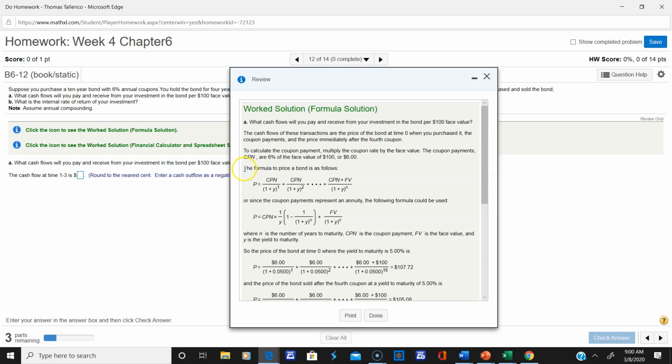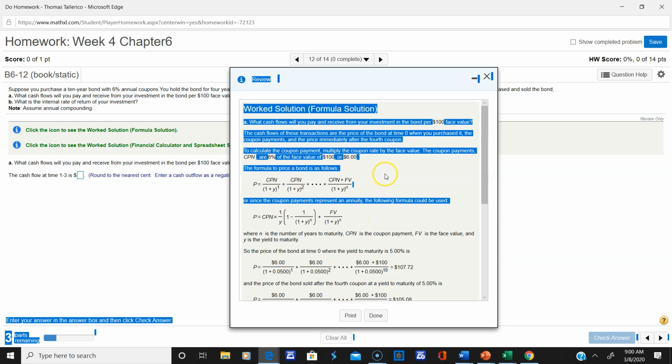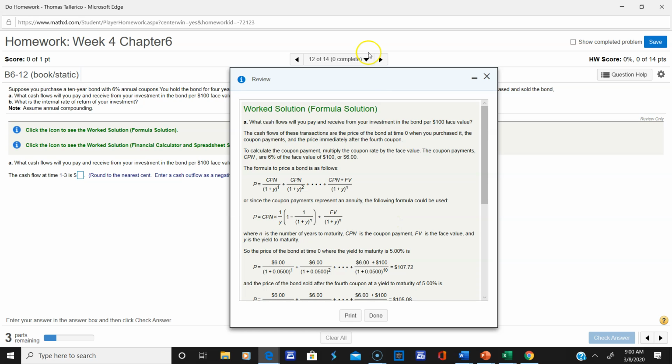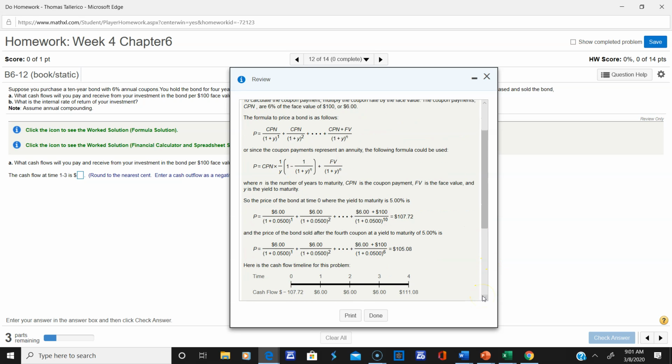So we can use either this equation here, or this equation here. So here's the price of the bond at T0. The yield to maturity had gone to 5%.